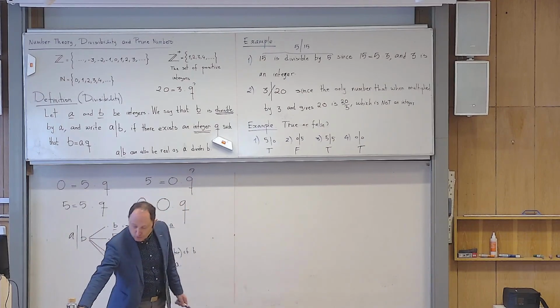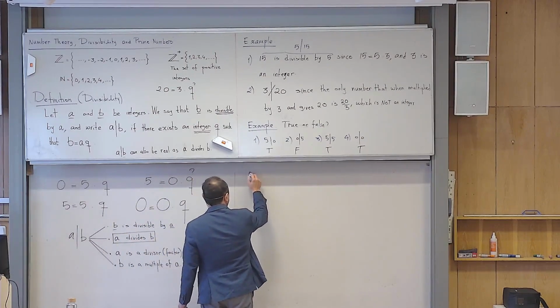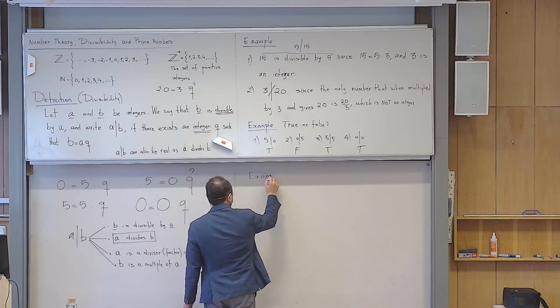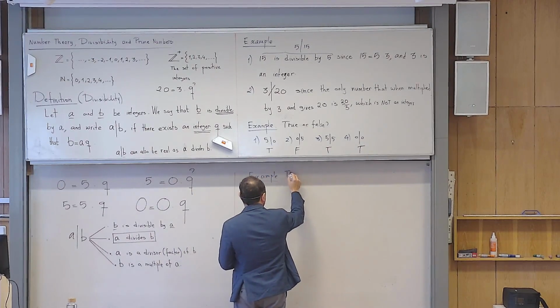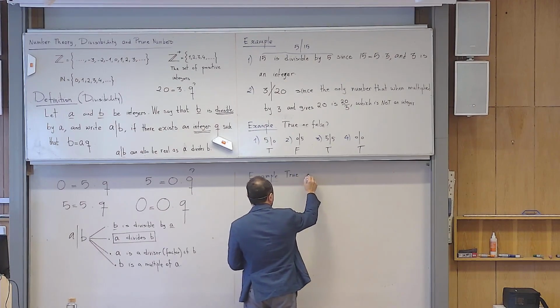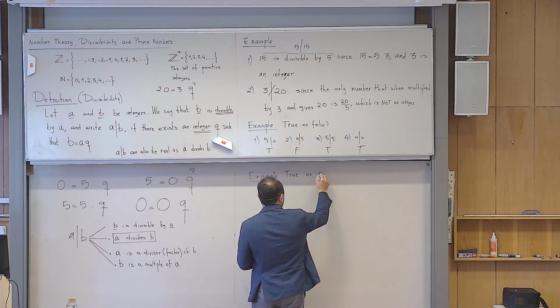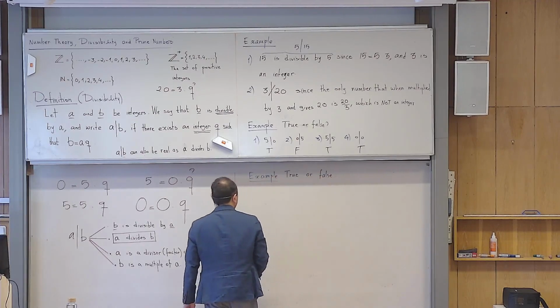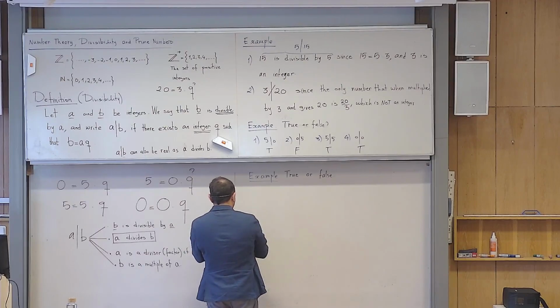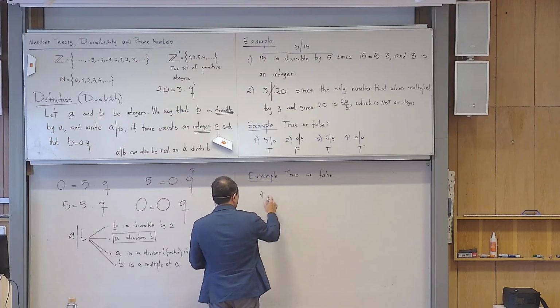Let me write: example, true or false. Okay, number one. I'm using these symbols because I already talked about them.